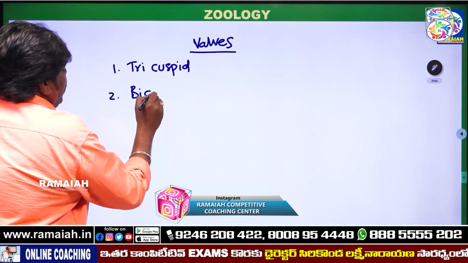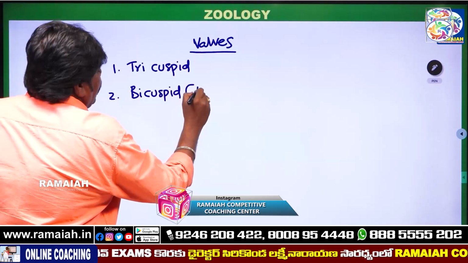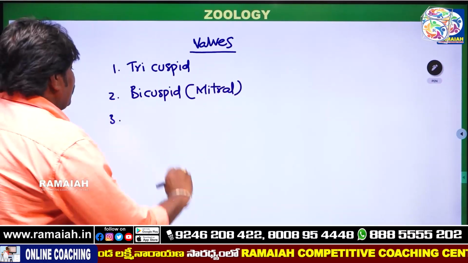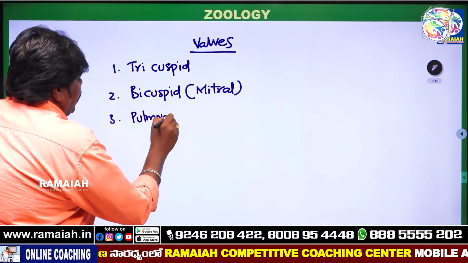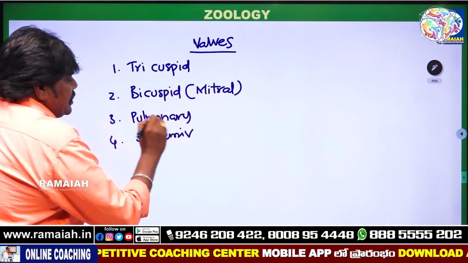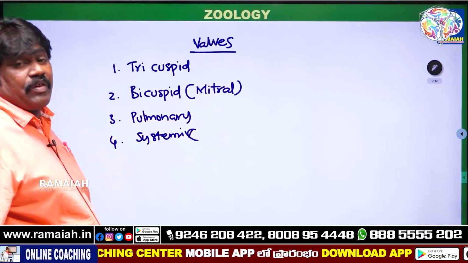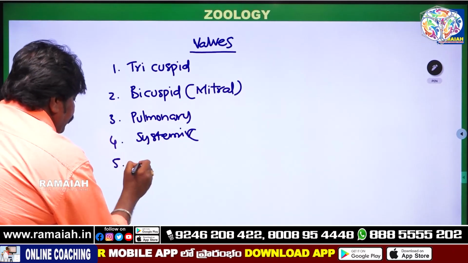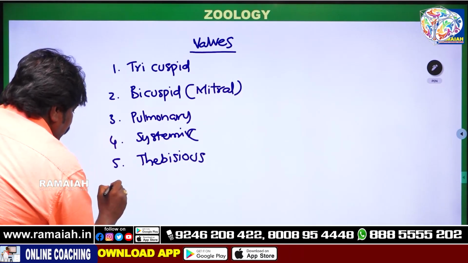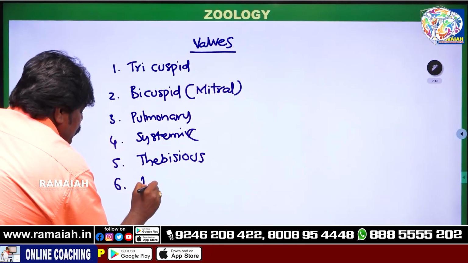Second one, the bicuspid valve, also called the mitral valve. Third one, the pulmonary valve. Fourth one, the systemic valve. Fifth one, the Thebesian valve. And finally, the Eustachian valve.